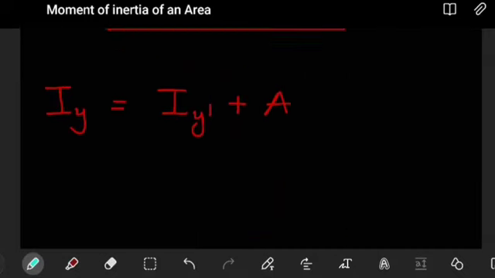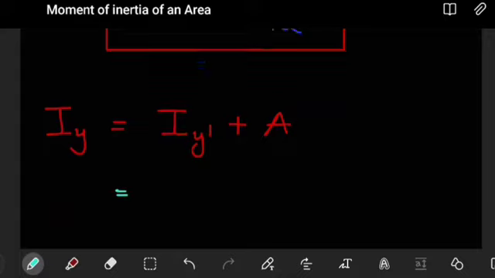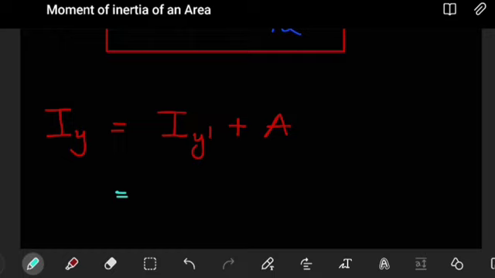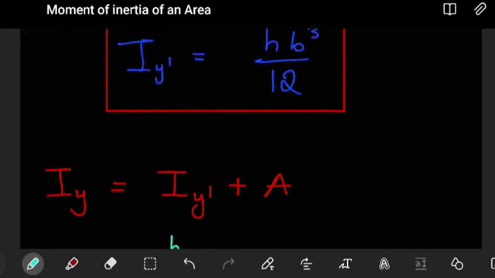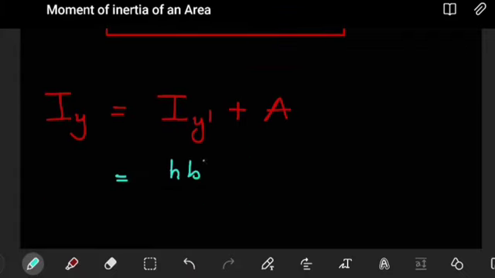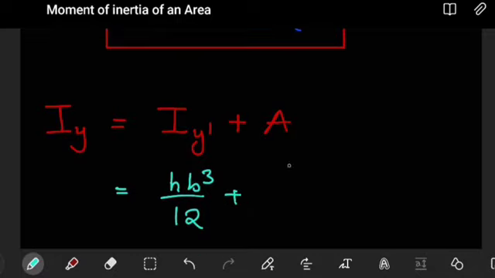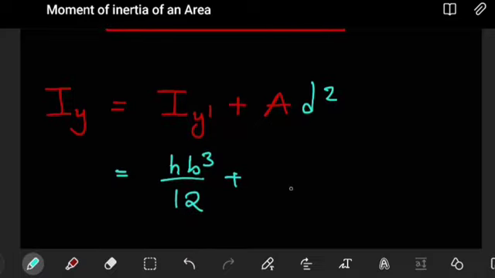So we can calculate the moment of inertia about the y-axis by substituting. About the y prime axis we found hb cubed over 12, plus d squared times the area of the shape.